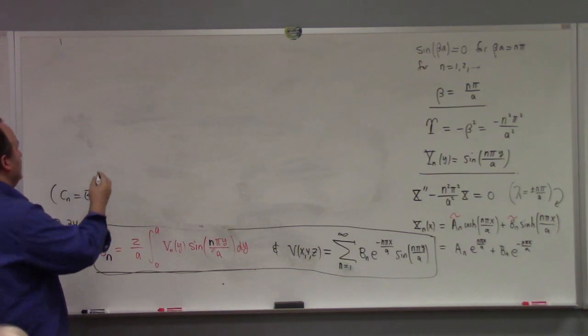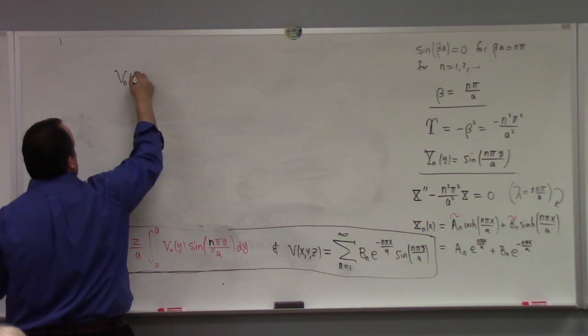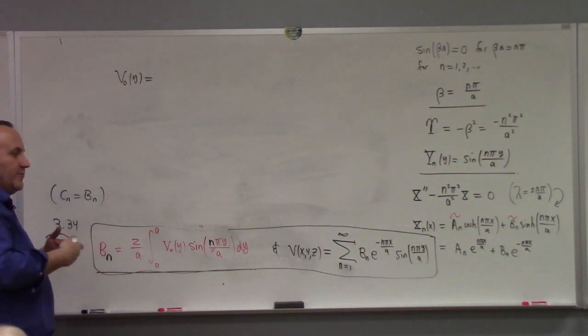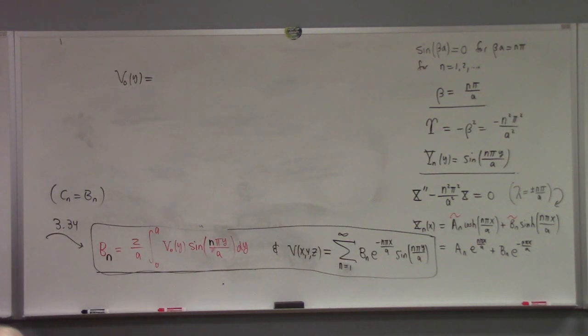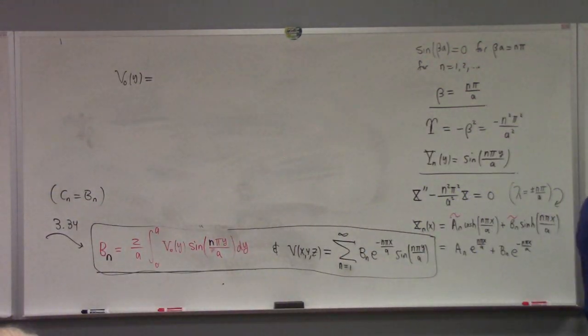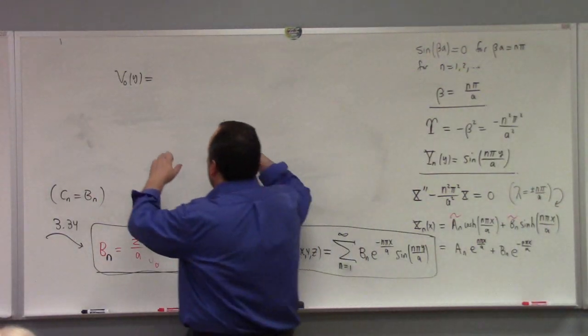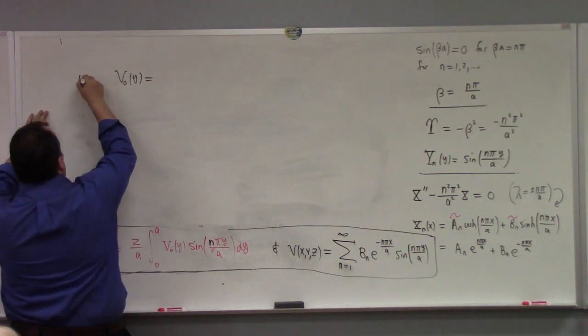So what I'm trying to get at here is, if we're given V naught of y that is already the appropriate kind of Fourier series, we don't actually have to do the integral. We can just compare coefficients. For example, notice that from our red equation over there, the boundary conditions got us this.